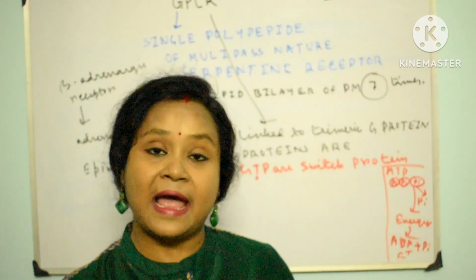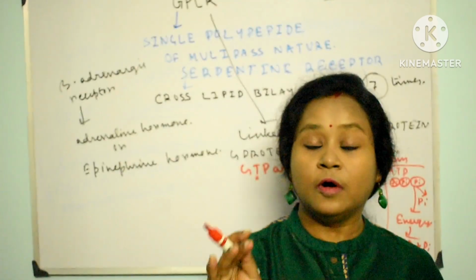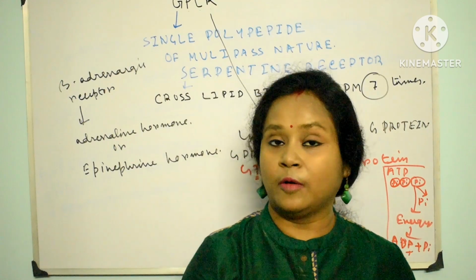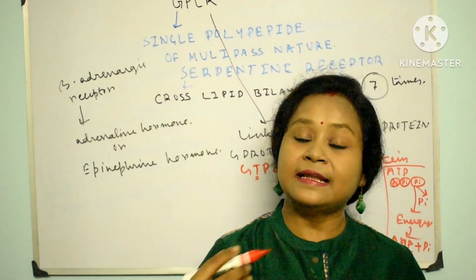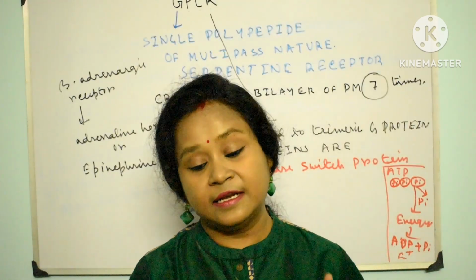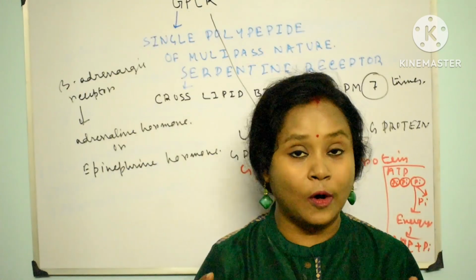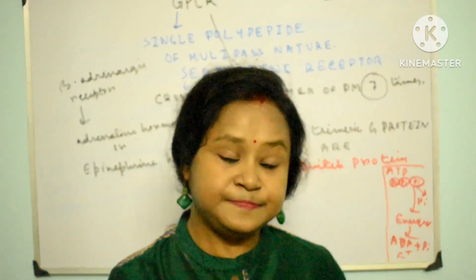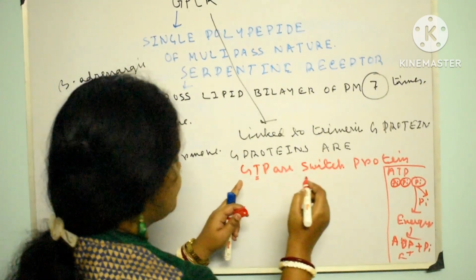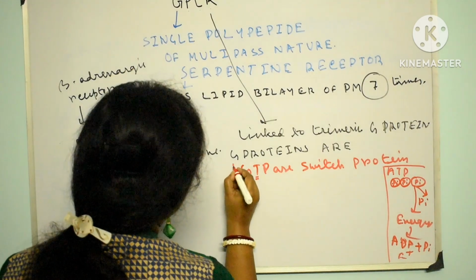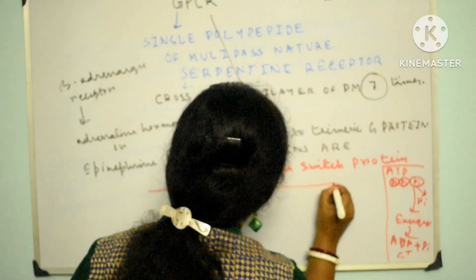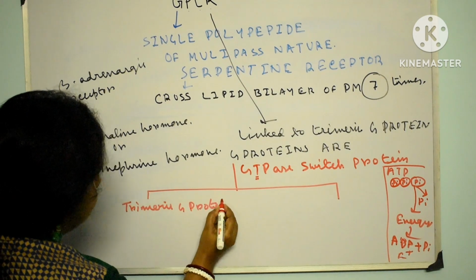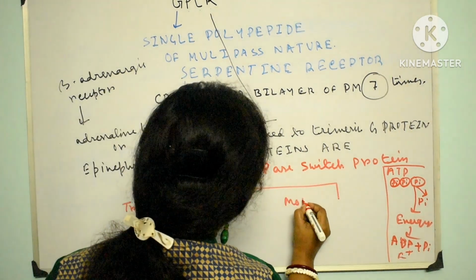Normally activity is not needed all the time. So normally they are bound with GDP, which is an inactive form, and when a signal or ligand is coming and its work mode is on, it will bind with GTP. Got it? G protein is a switch protein, and there are 2 classes: trimeric G protein and monomeric G protein.